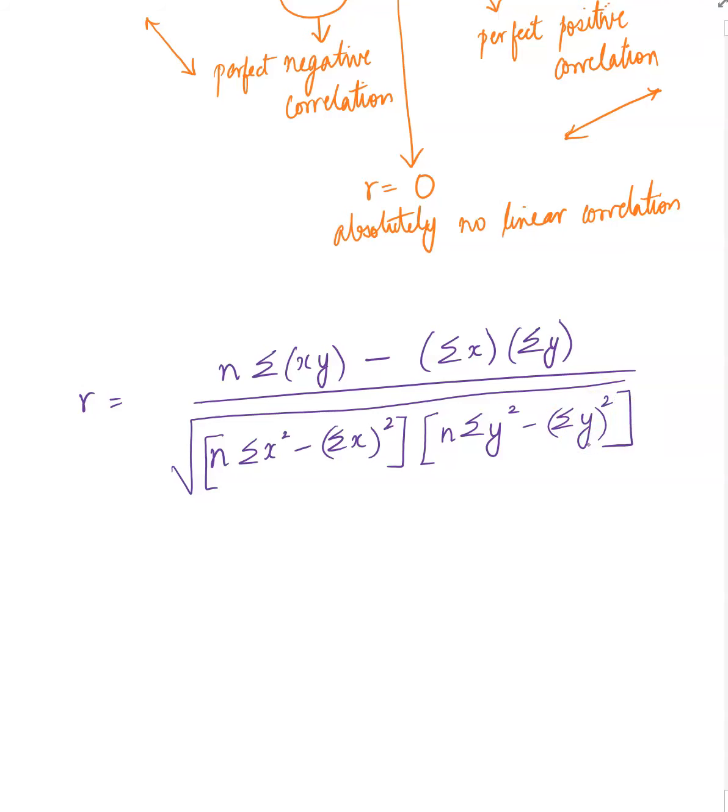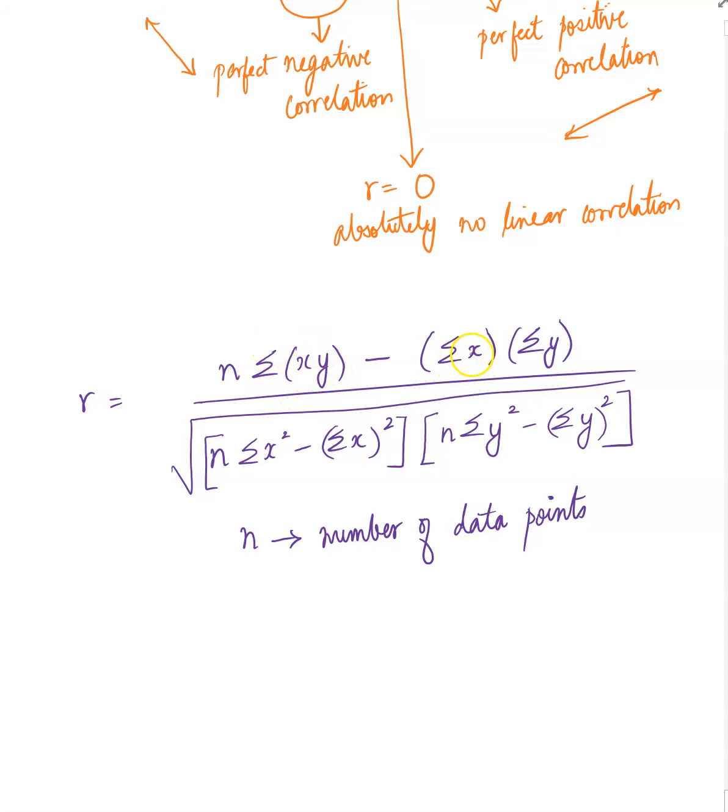Okay, it looks super complicated, and N here stands for the number of data points. Now you know X is the X column, Y is the Y column, and you know summation means to add them. So if you look at this as X, Y, you need to multiply the X column and the Y column. That will be the X, Y column. And if you added that, summation would be to add that column. That gives you this first term.